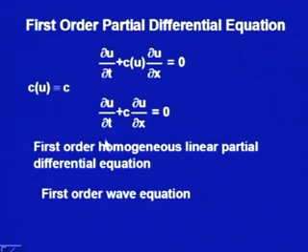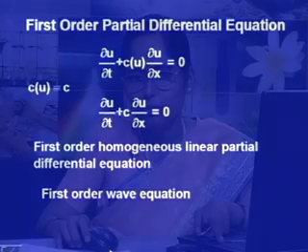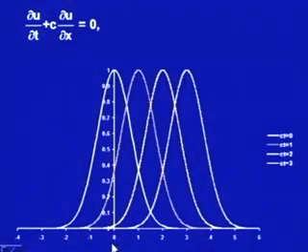If I use this f to be different functions, we had always found that the solution is the graph of a function which is shifting towards its right, that is, it is changing the place only. That is why we also call it the transport equation, because it is transporting the data.